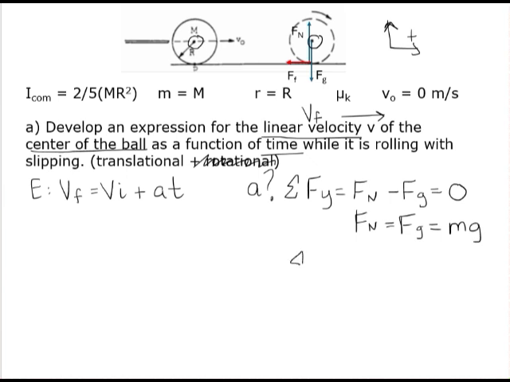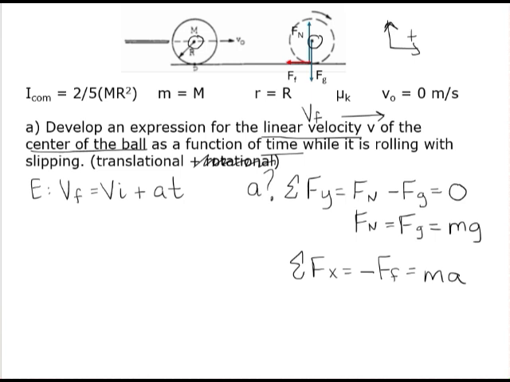Now I'm going to sum my forces in the x direction. At this point, the only force that I have going in the x direction is the force of friction. So negative force of friction is equal to ma, because we do have an acceleration happening here.